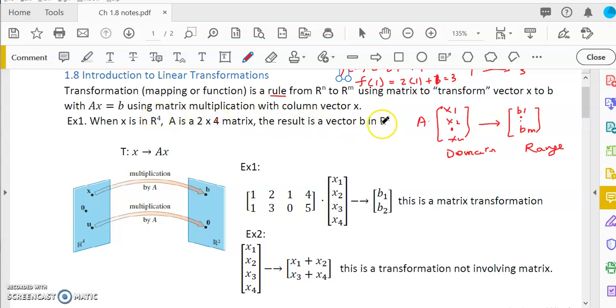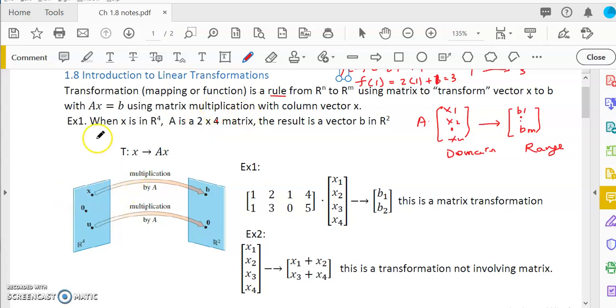The result will be b in R2 because you have 2 rows. So the input x matches with the number of columns in the matrix, and the answer matches with the number of rows in the matrix.